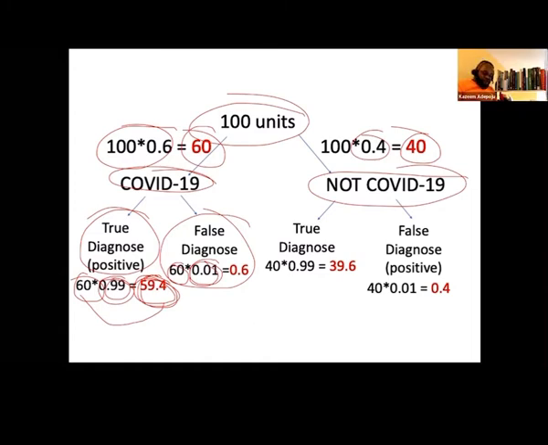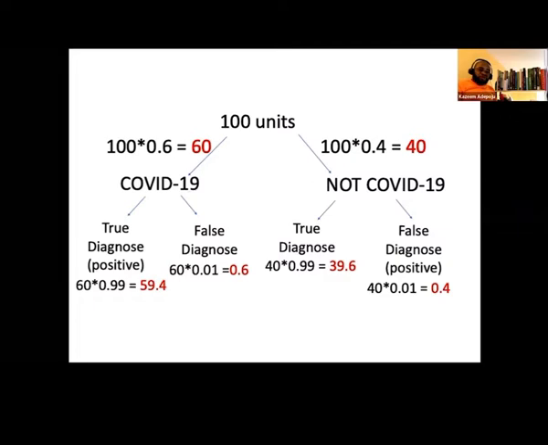Therefore, in terms of number, those are falsely diagnosed: they have the disease, but the machine did not turn them out to be positive. The machine probably turned them to be negative. This is it. So that is 0.6, but 59.4 right here, they have the disease and the machine correctly identifies them. Okay, that's 59.4.